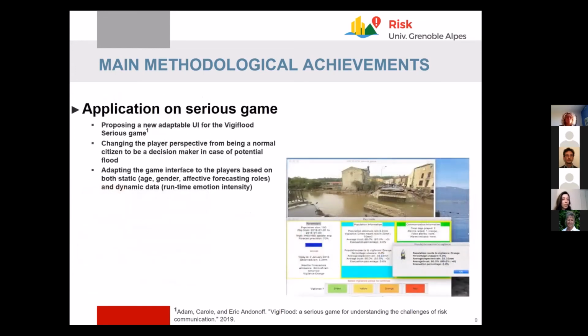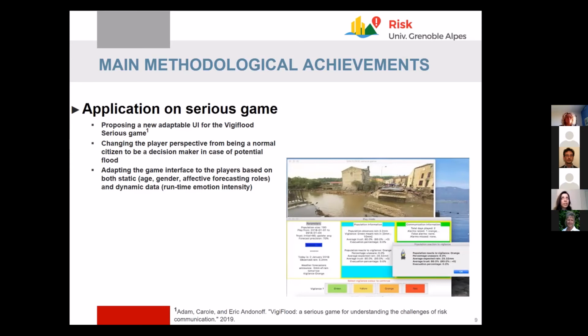For our application, we used the Vigiflood serious game from Carol, as Julie talked about in the last presentation, so I'm not going to go into more detail. As you can see, the interface is more text-based. So we are going to change the stimuli for the users so it can be more engaging and help people better understand the risk.